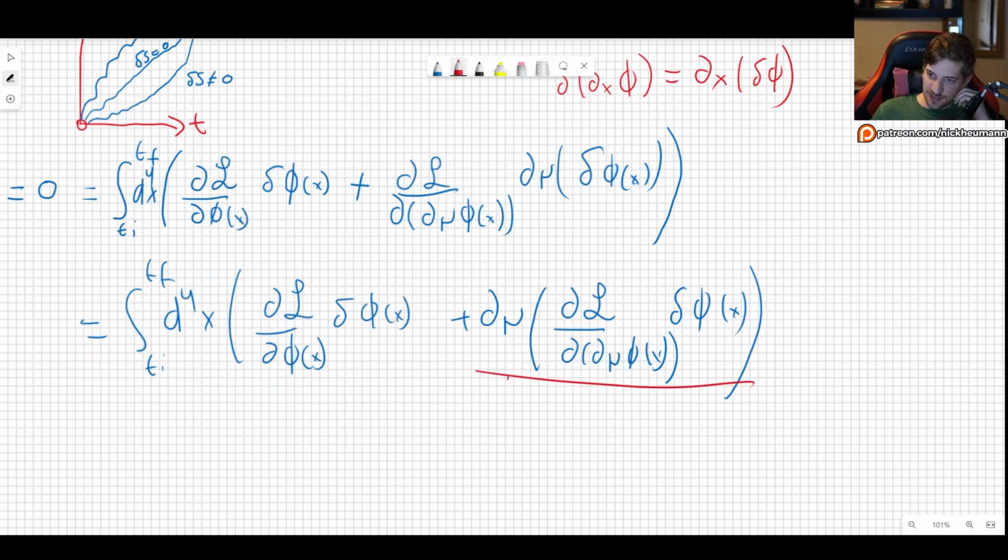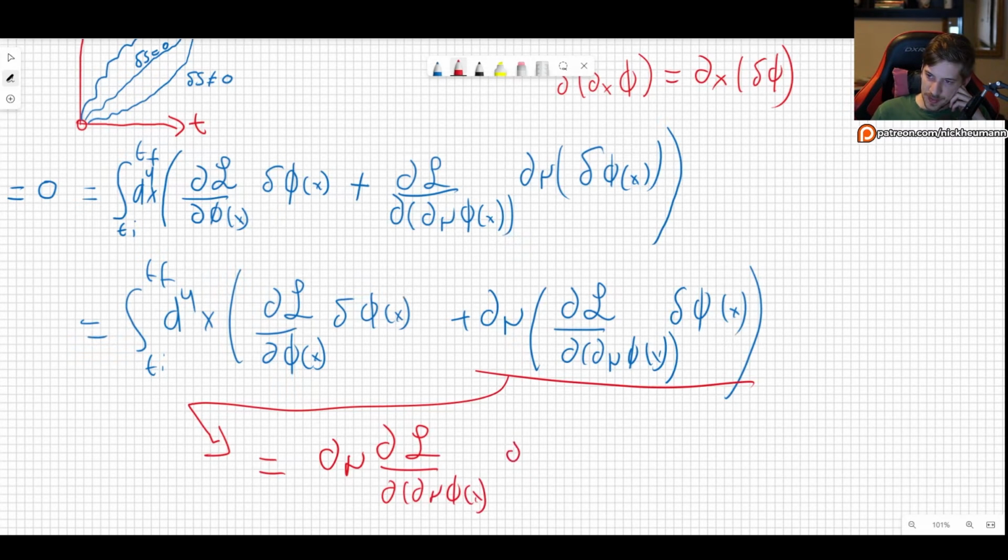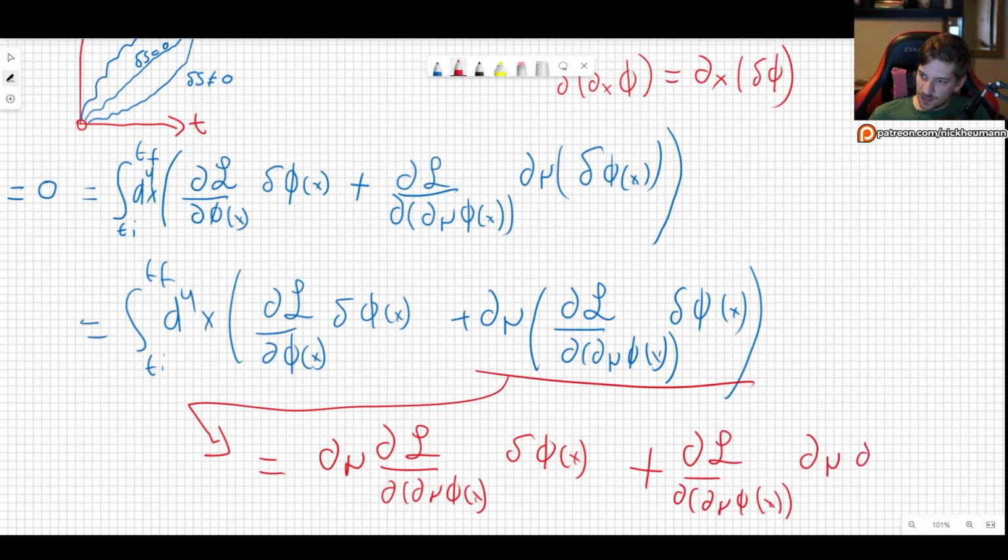So this derivative would be, now the first term would be d mu of the derivative of the Lagrangian with respect to d mu phi of x, times the variation of this thing, plus now the first part we leave alone, we don't touch it, of x. And now we get times the derivative of the variation here, which is exactly what we had before.